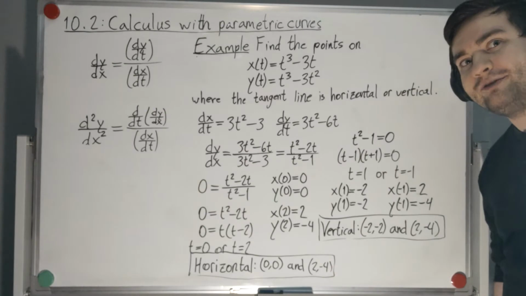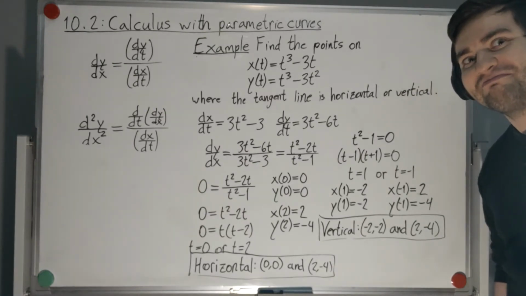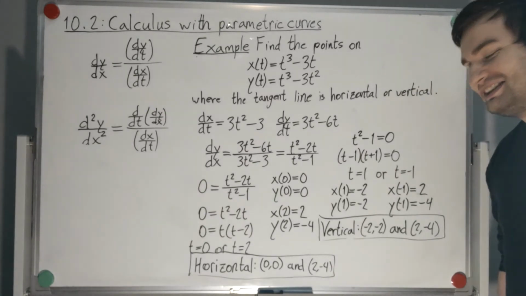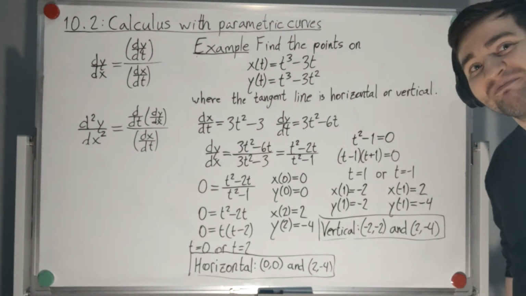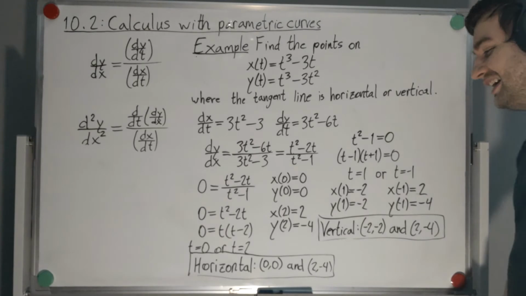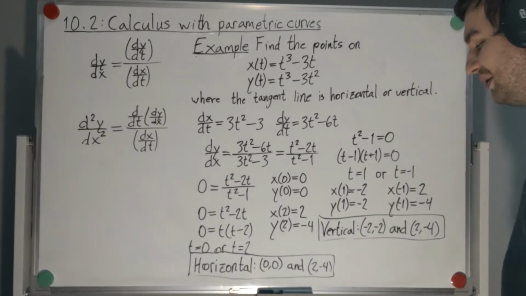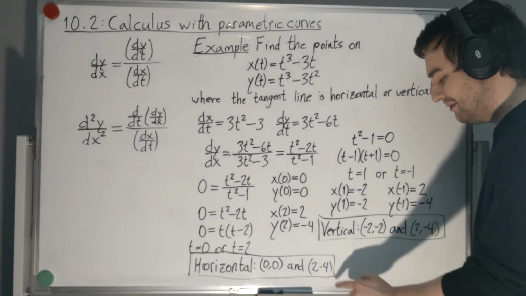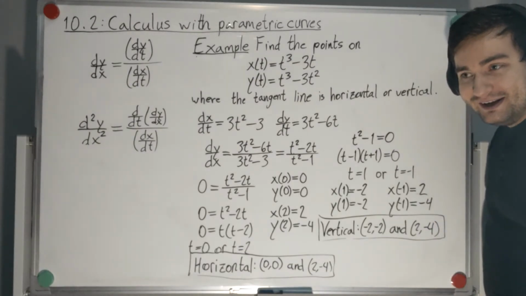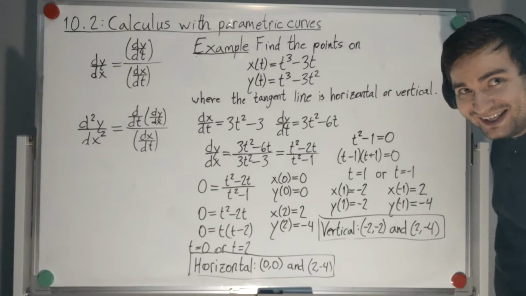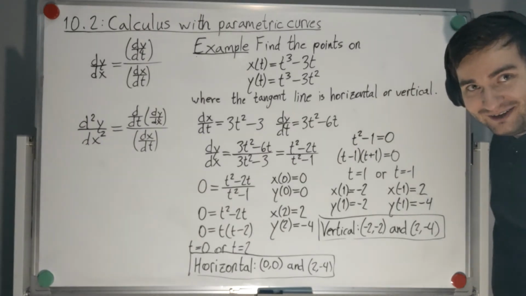You see a problem with that? The truth is that there is no problem with this, but it sure looks like it, doesn't it? It sure looks like it's saying that we have both a horizontal tangent line at (2, negative 4), and also a vertical tangent line at (2, negative 4). And it is. And that sounds impossible, right?